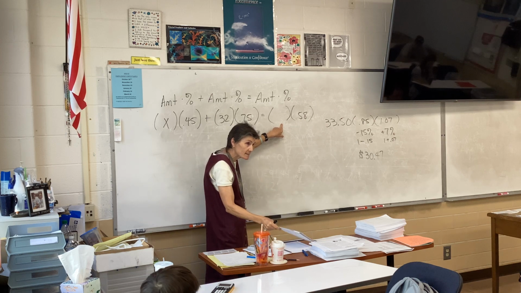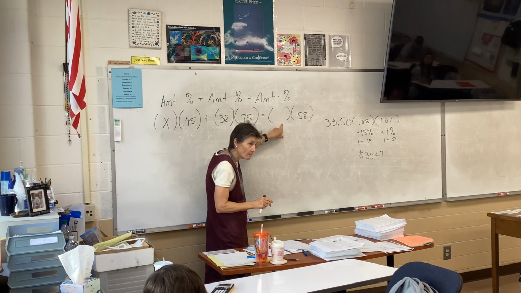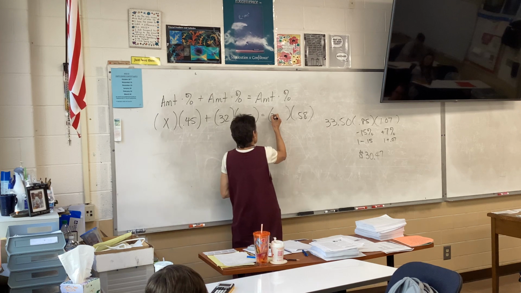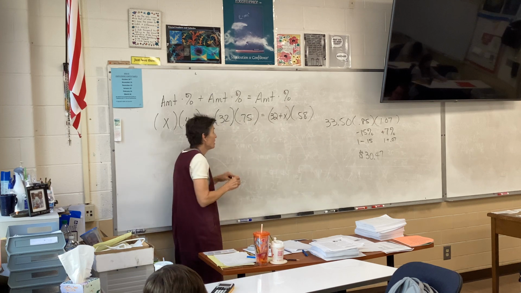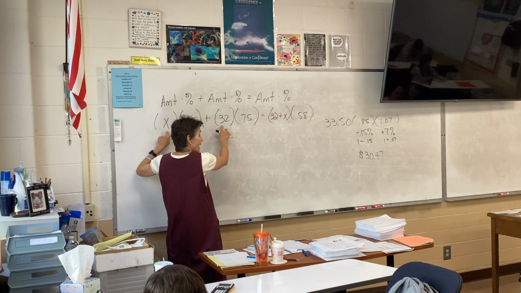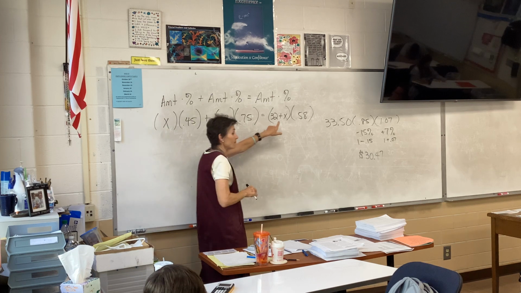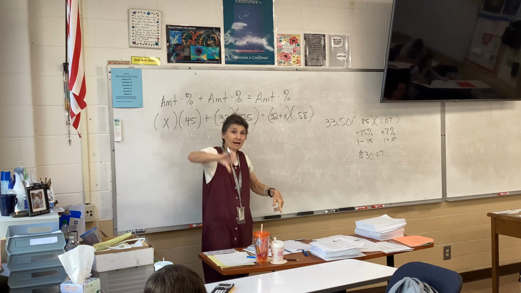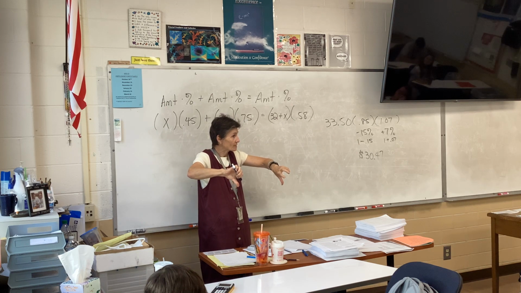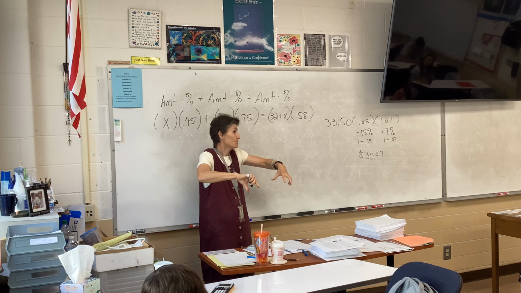We talked about this the other day. Who remembers? 32 plus x, exactly, Hugh. Because aren't these 2 amounts being added together to give me this amount? So if I dump in x ounces and 32 ounces, I'm gonna have 32 plus x.